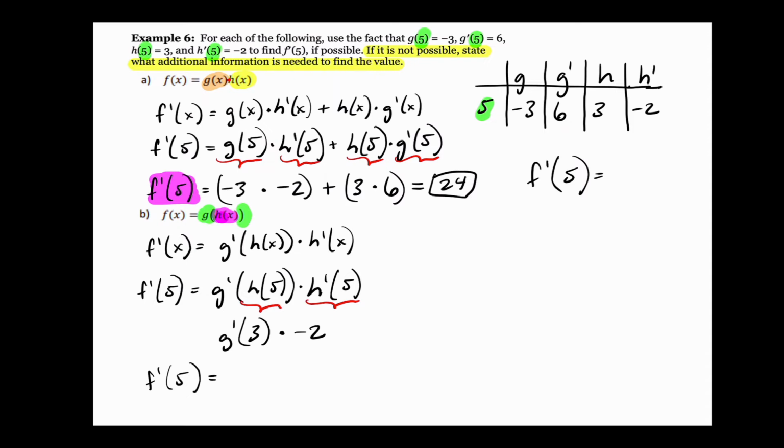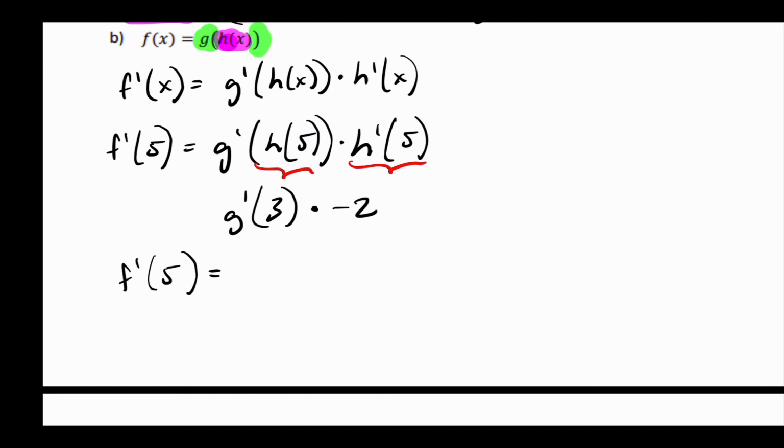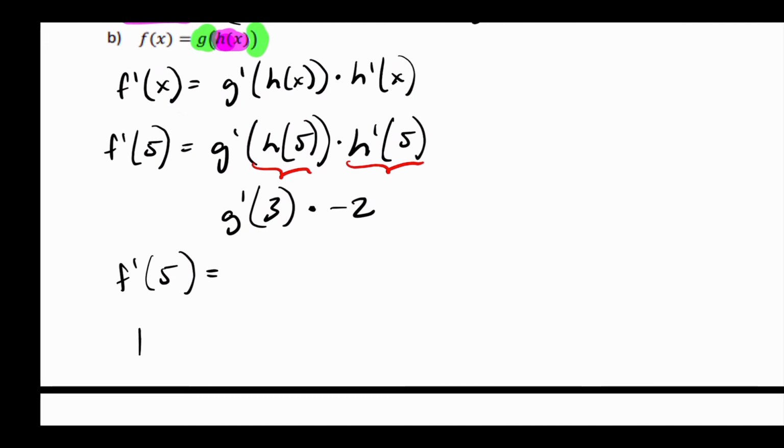We don't know. If not possible, state what additional information you need to find the value. Well, I can't solve this, so I would say I need the value of g prime of 3. If I had that, I could solve it. Was it possible?